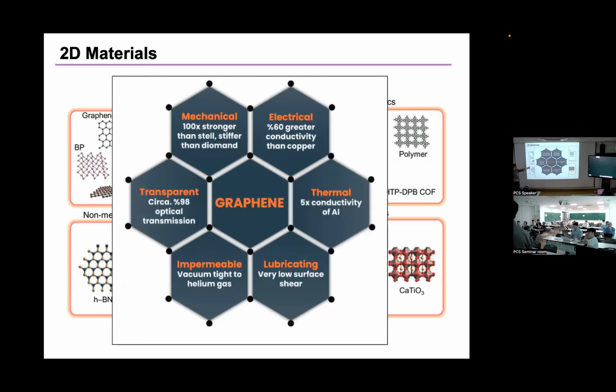For example, graphene is mechanically very strong and electrically very highly conductive. It is also very transparent, has very large thermal conductivity, and is impermeable and lubricable.